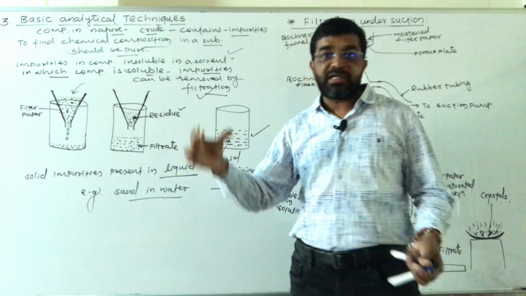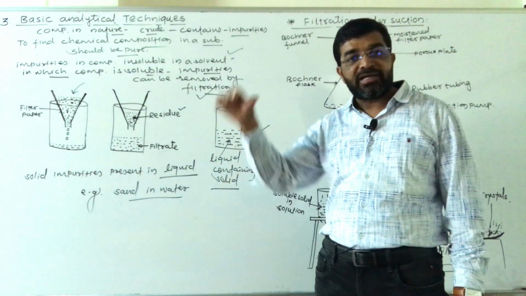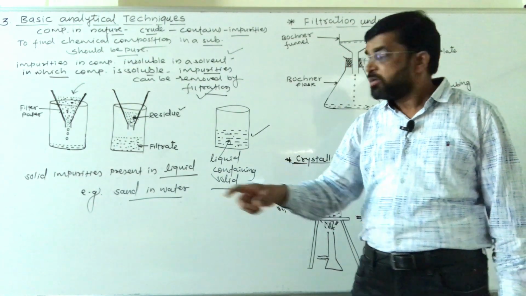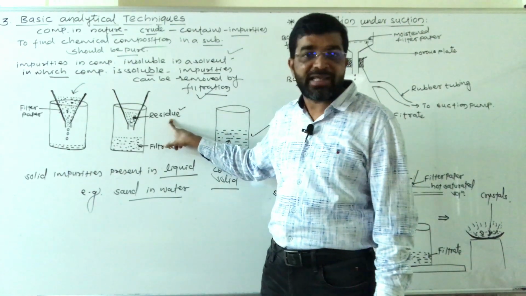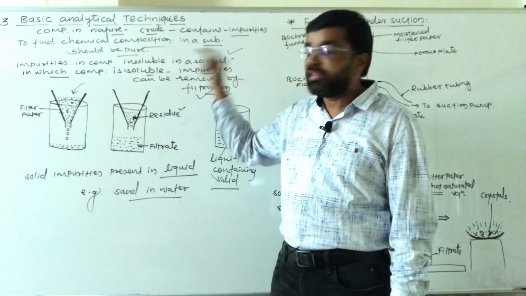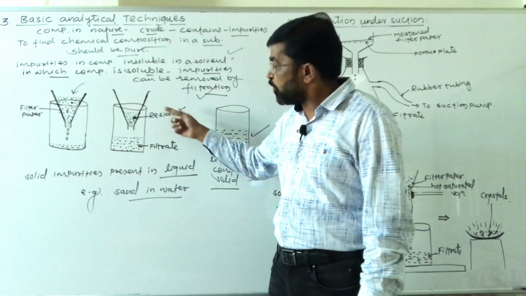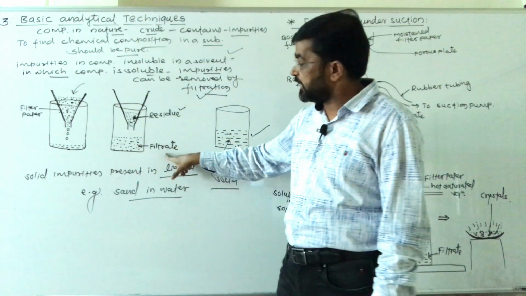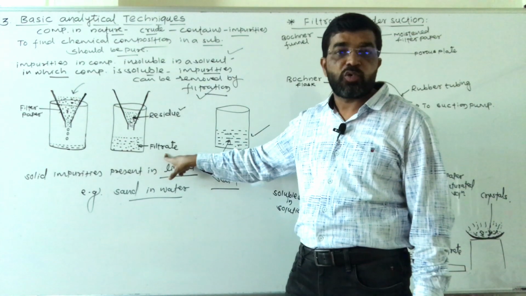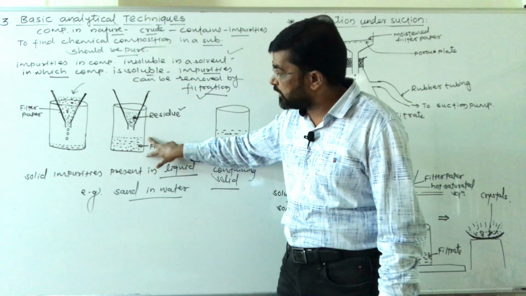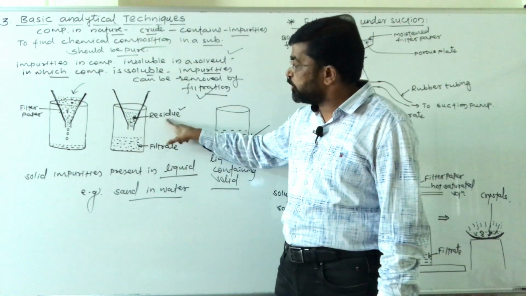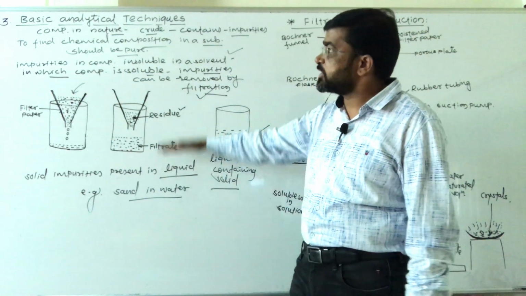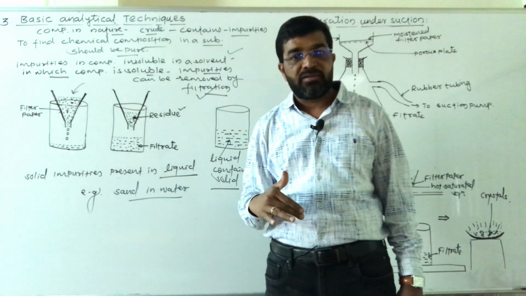When we filter a substance, whatever material is left on the filter paper is called the residue, and what is filtered through the filter paper and collected in the beaker is called the filtrate. In this way you will get pure water, and the residue impurities will be left on the filter paper. So this process, filtration, is very simple.